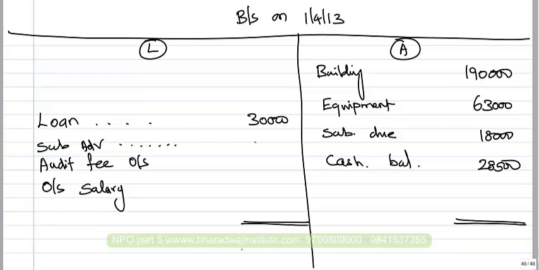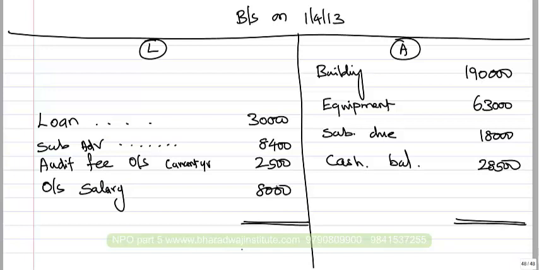Subscription advance at the end, how much? 400. Audit fee is outstanding. For the current year, we have not paid the auditing fees. How much? 2,500.